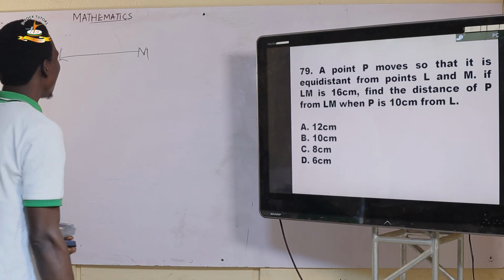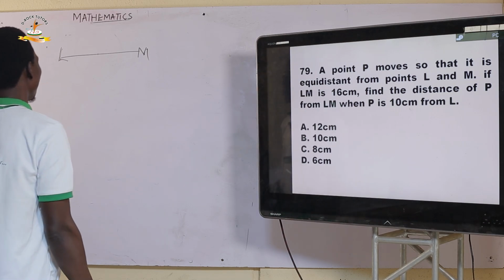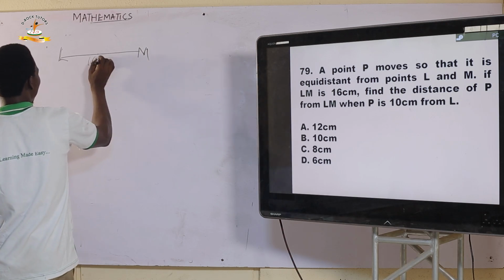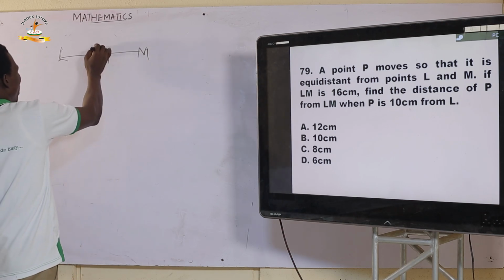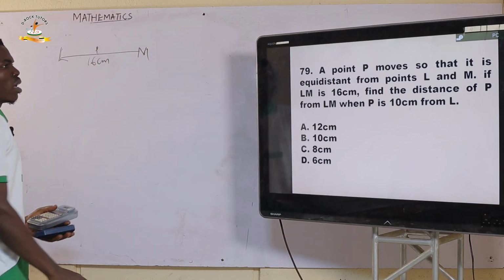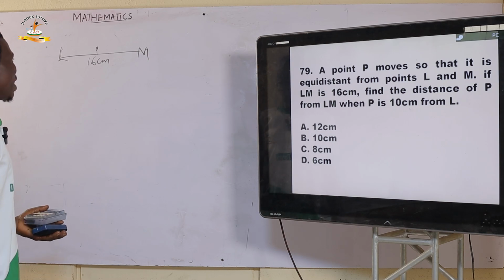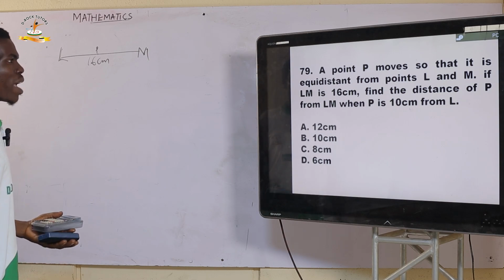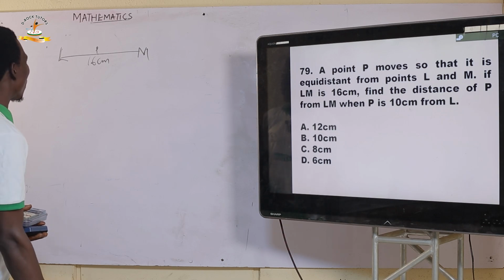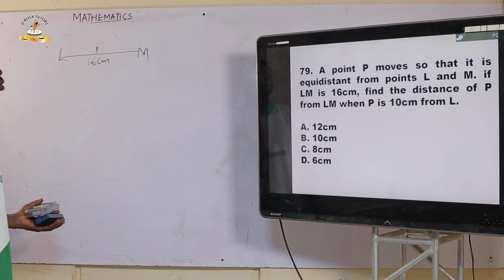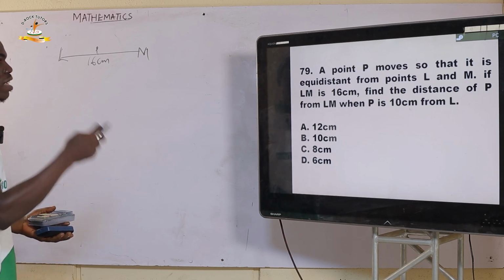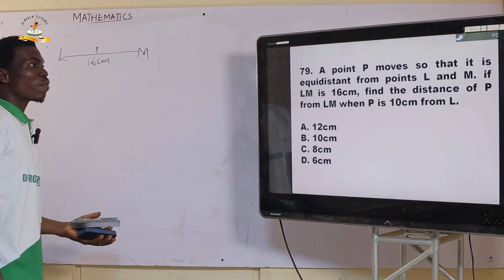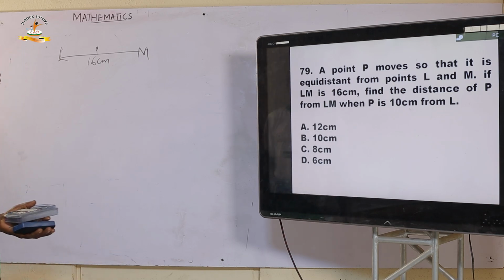So if LM is 16 centimeters, and don't forget this is my P. Find the distance of P from LM when P is 10 centimeters from L. Oh, maybe the question wanted to say find the distance of P from M, not from LM.